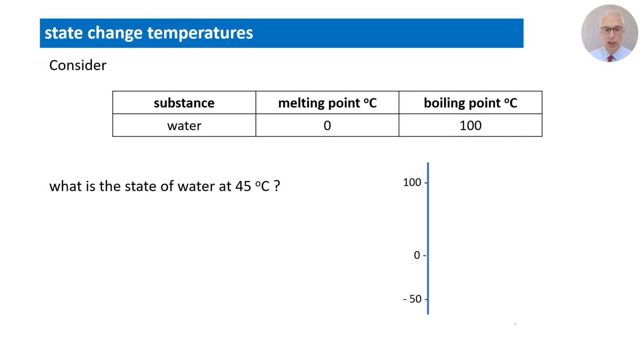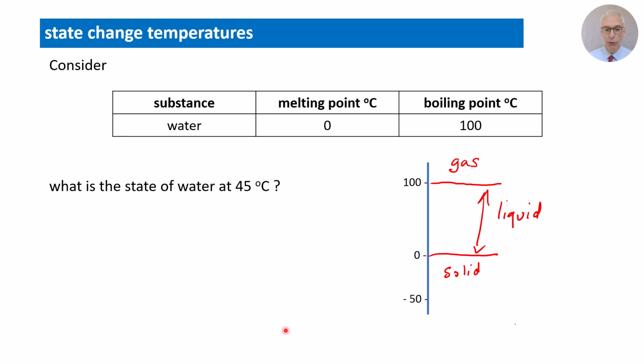We know that at 100 degrees Celsius, that's the boiling point, so above that it's a gas. We know that the melting point is 0, so below 0 water is a solid, and therefore between the boiling point and the melting point, water is a liquid.